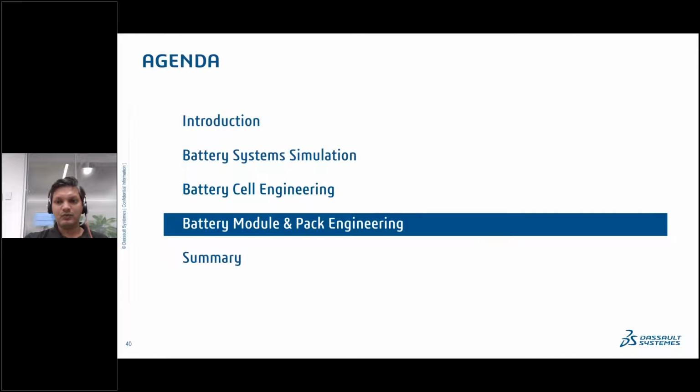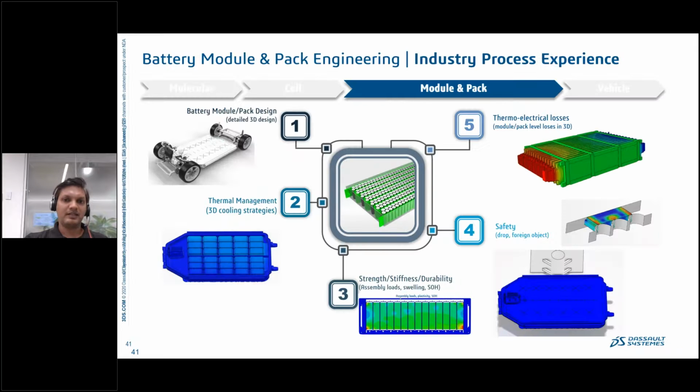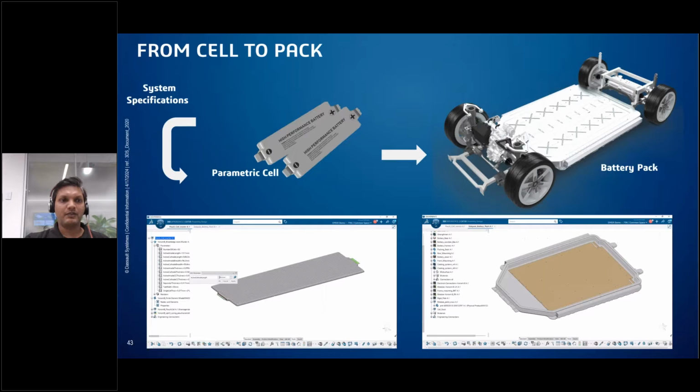Then we move to the module and pack engineering, where we understand what happens when the cells get into a module, and then into a pack, or maybe a series of modules. So from the system specifications, we go to a parametric cell design, and then to a complete battery pack.